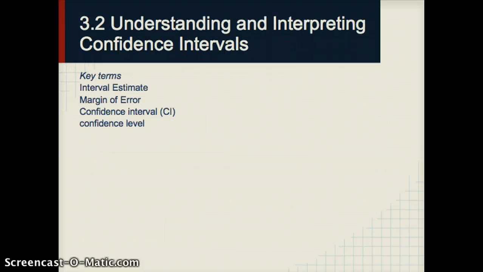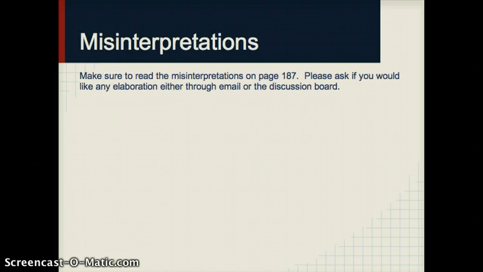Section 3.2, understanding and interpreting confidence intervals. So now we're getting more into the nuts and bolts of what a confidence interval is. The thing I want to emphasize here is on page 187 there is a list of, I believe, 3 different misinterpretations of what a confidence interval is. Please look through them. Try to think about which one makes the least sense to you.